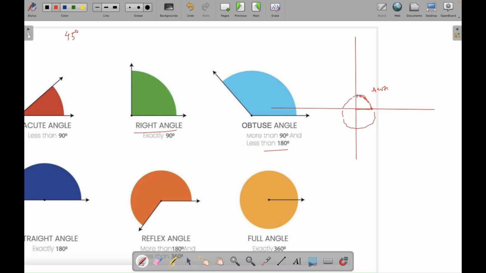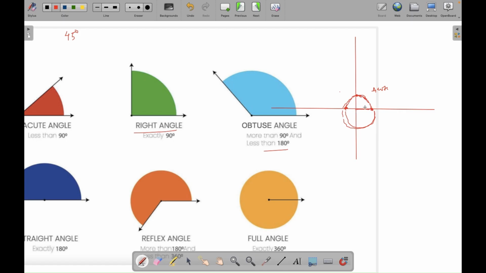When I reach here, I form a right angle. When I move from here to here, I am forming an obtuse angle. When I reach here, I form a straight angle. When I move from here to here, I am forming a reflex angle. And when I reach my starting point, I have traversed a complete full angle, or a whole angle. So this is how we classify the angles.